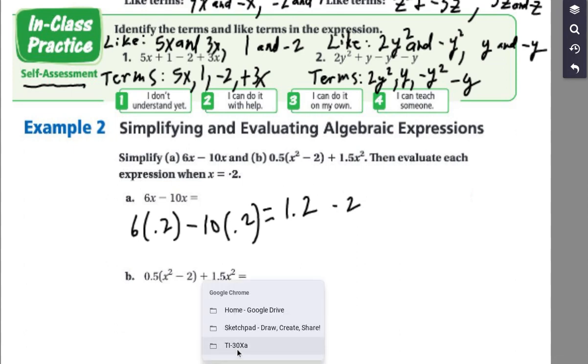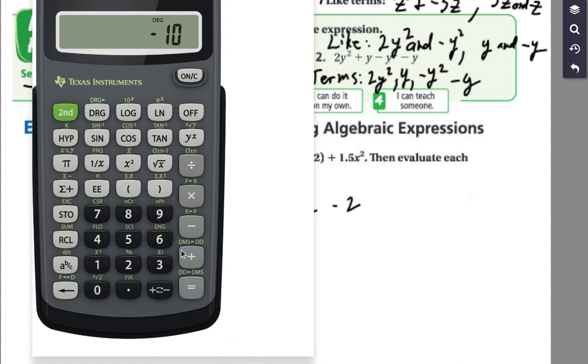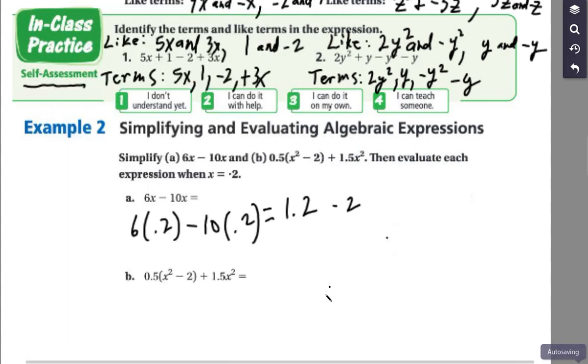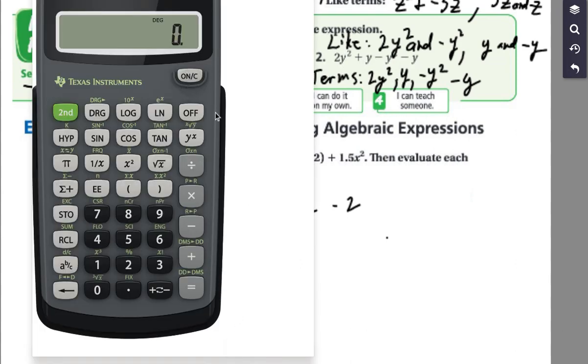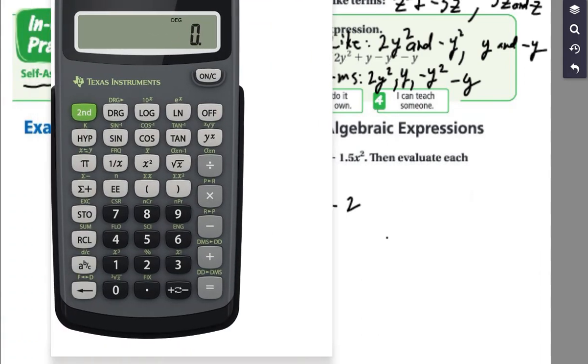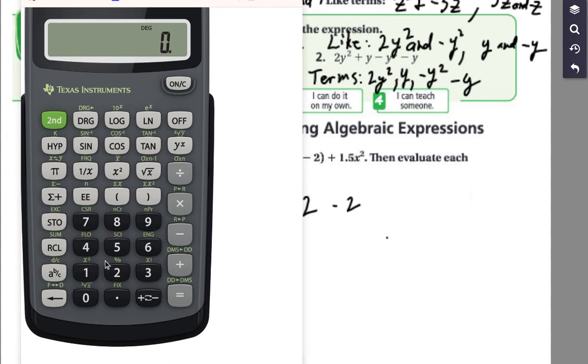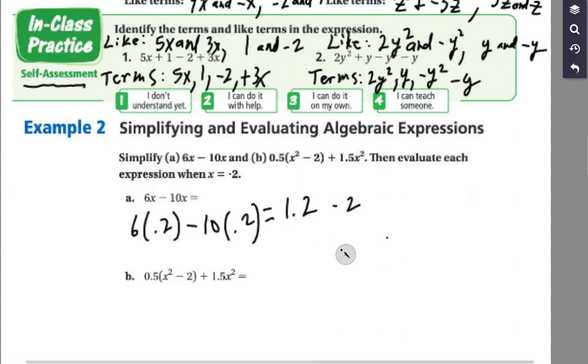Let me double check my math. 10 times 0.2, that is 2.